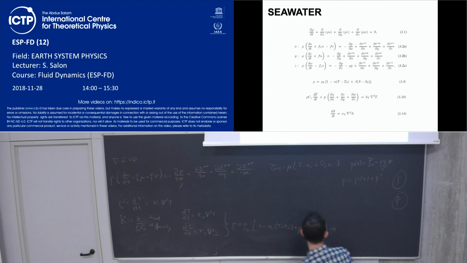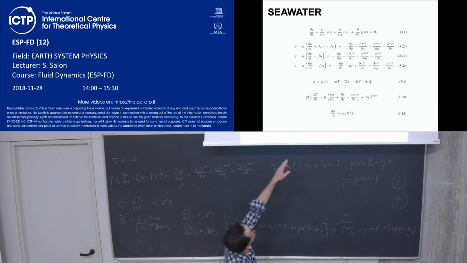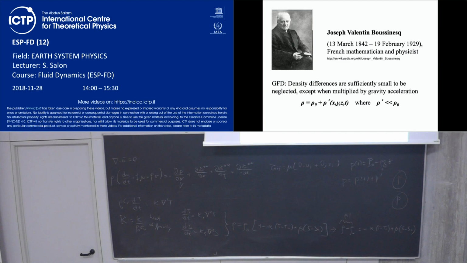This was the previous way to write. But we can quite easily represent this as rho minus rho 0, which is equal to minus alpha (T minus T0) plus beta (S minus S0). And this is our rho prime, because it is rho minus rho 0.